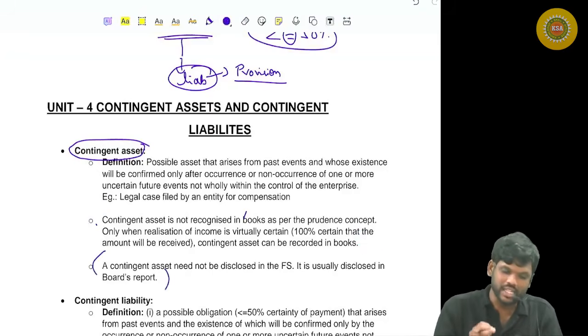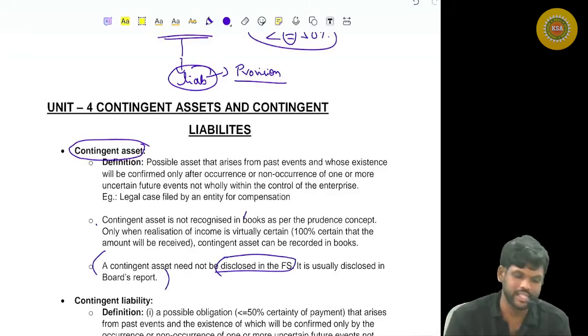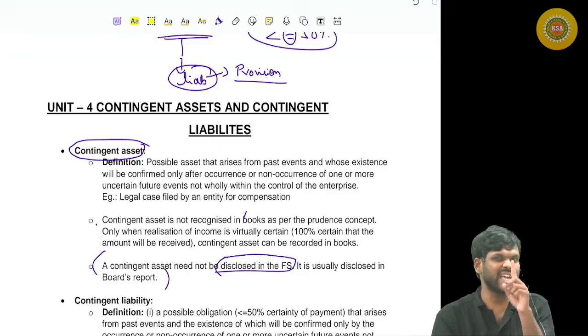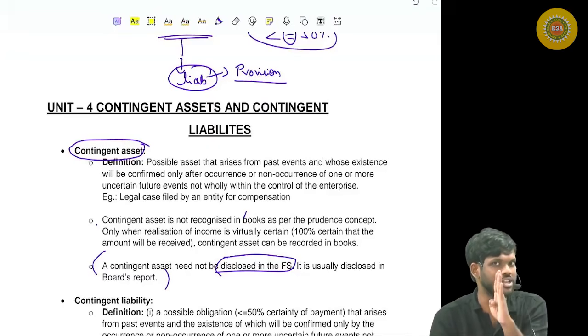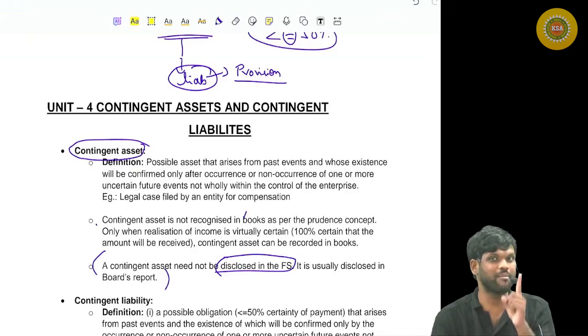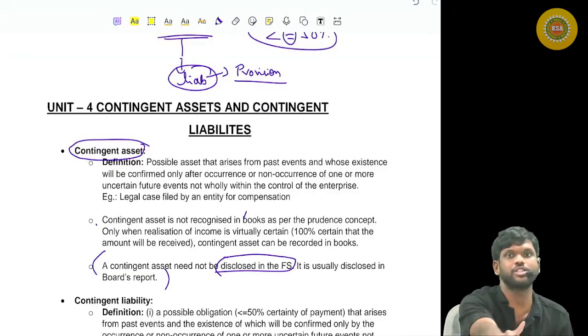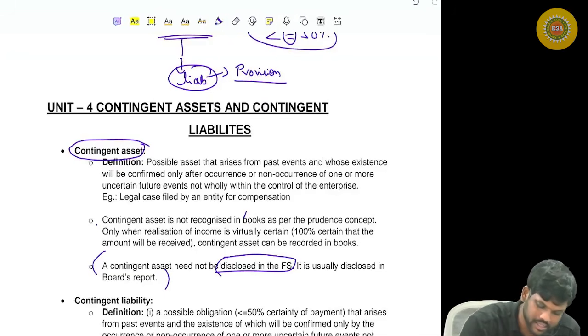A contingent asset should not be recorded, and it should not be disclosed also in the financial statements. So please ensure you are clear with the difference between liability and contingent liability, and also know what a contingent asset is. For contingent liability, no journal entry, only disclosure. For contingent asset, no journal entry, no disclosure also in the financial statements.